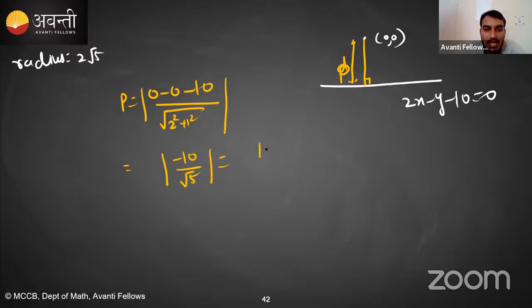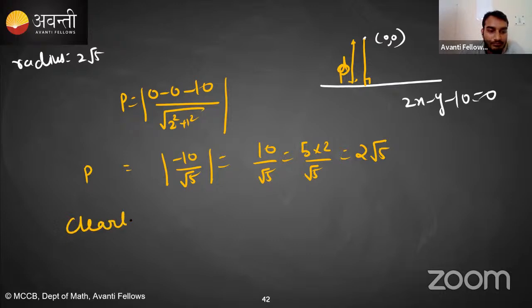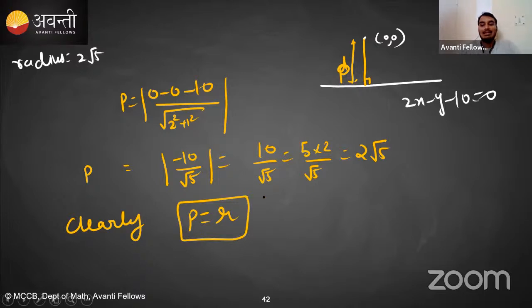So the magnitude is 10 by root 5. This is nothing but 5 into 2 upon root 5, which is 2 into root 5 only. So this is your p. Clearly p is equal to r only, right? So you can say that yes, it is the equation of tangent. Is that clear, students?